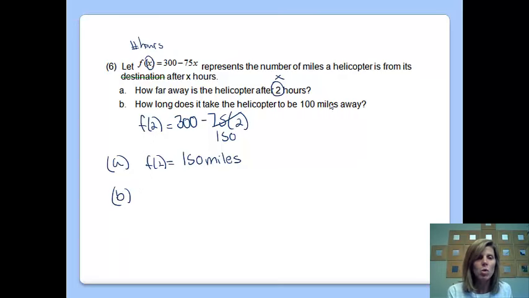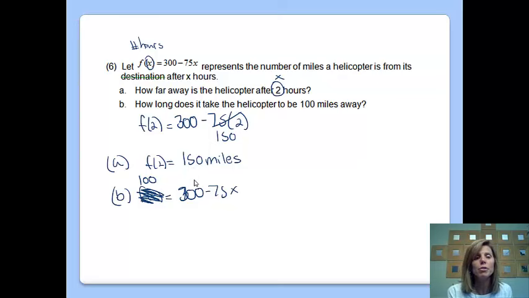All right, and then part B, that's part A. Part B says, how long does it take the helicopter to be 100 miles away? Well, we know if x is the number of hours, then f is going to be the number of miles. So what we're trying to do is figure out in this equation, 300 minus 75x, when this answer is going to be 100. And so we can just try to think about this, I guess.